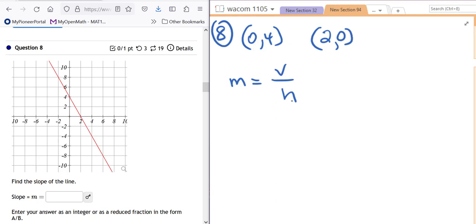I'm going to have to go down 2. That'll be a -2, and I'm going to go to the right 1, which would be positive. So it will be -2 over 1, which will be a -2. So I started at 4, I went down 2 to the right 1. Good.